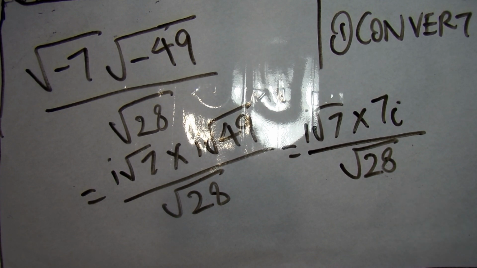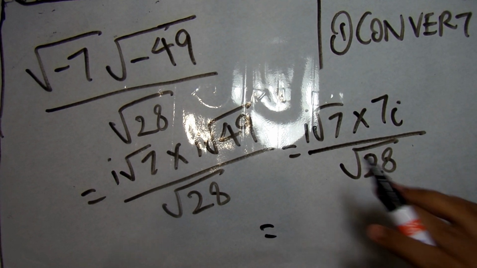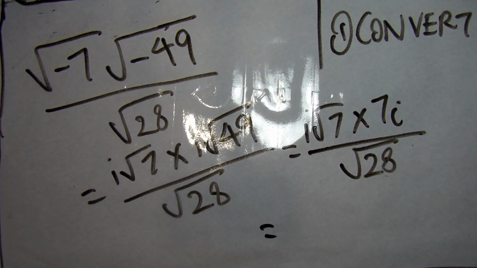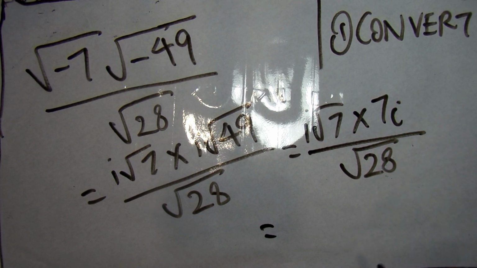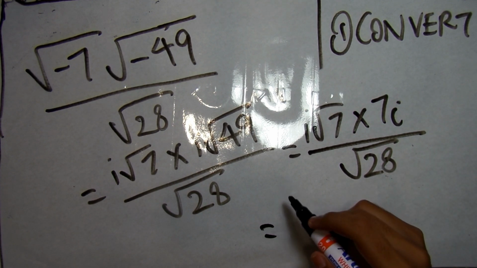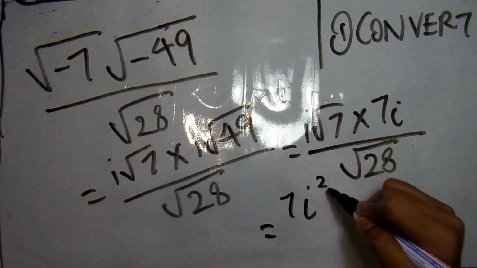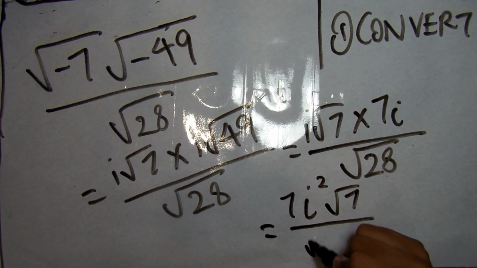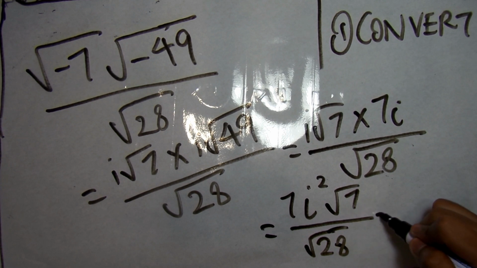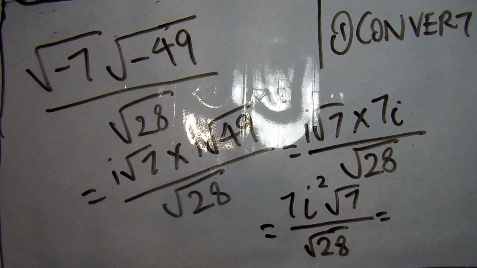Let's apply what we know from radicals. Now that everything is a positive square root, we can treat it as normal maths from now on. So i root 7 times 7i will be equal to 7i square root 7 over the square root of 28. The square root of 28 can be split into 7 times 4, which we know from radicals.